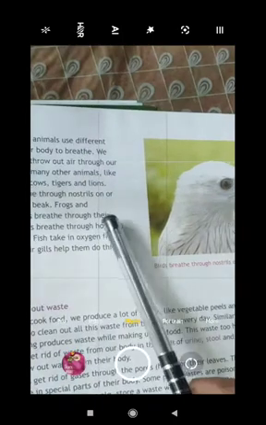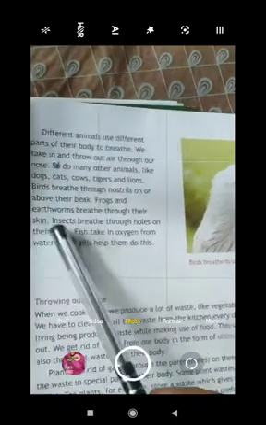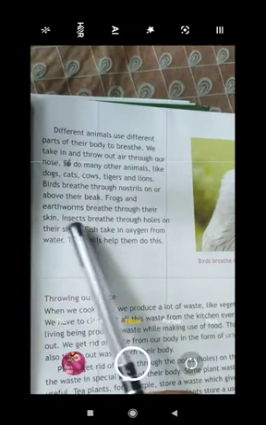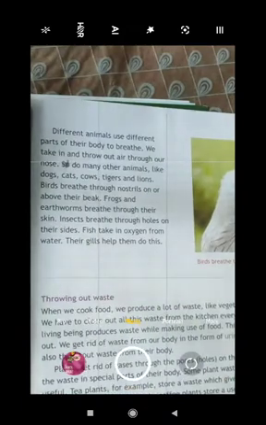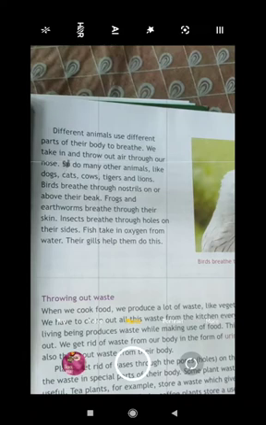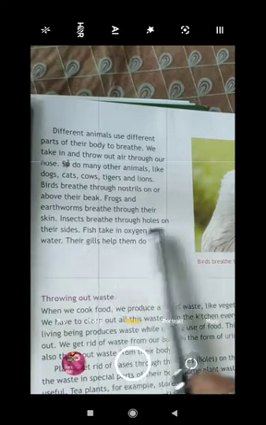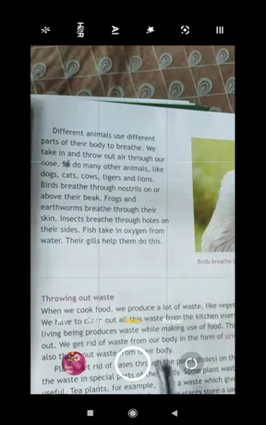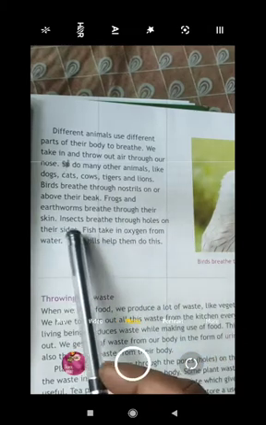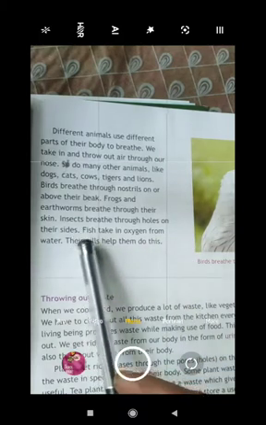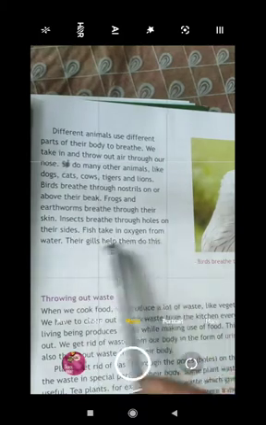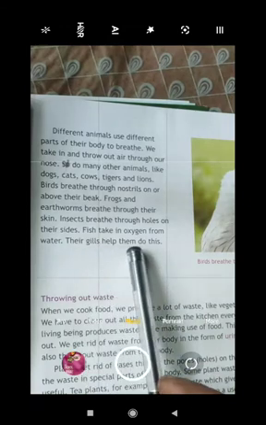Okay. Now, frogs and earthworms breathe through their skin. Actually, they also will not have any particular nostril or nose. These earthworms will breathe through their skin, means the facility is already given with the skin. Insects breathe through holes on their sides, as I have shown you. Fish take in oxygen from water, their gills help them to do this. Okay.